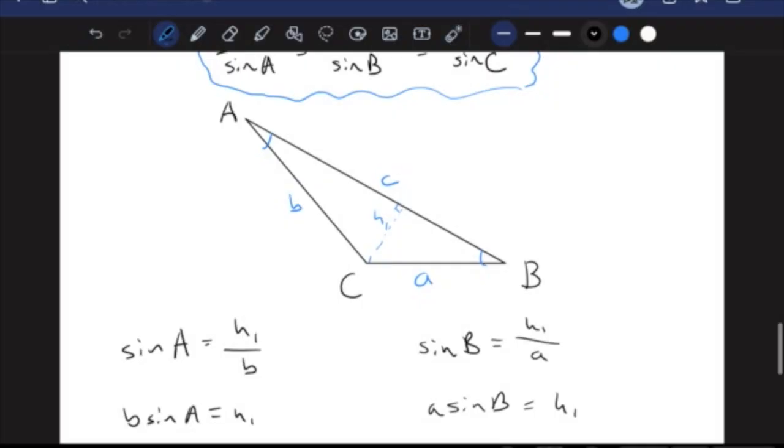But the problem is, if we look at this picture, because it's an obtuse triangle, there's no way we can cut this up to work with this angle C here. Because it's obtuse, we can't really draw up a perpendicular line like we would normally. So we have to now think about moving outside of this particular obtuse triangle.